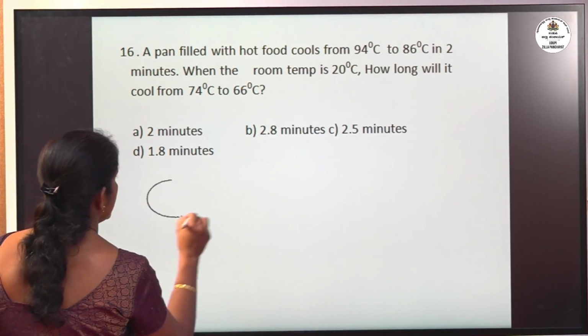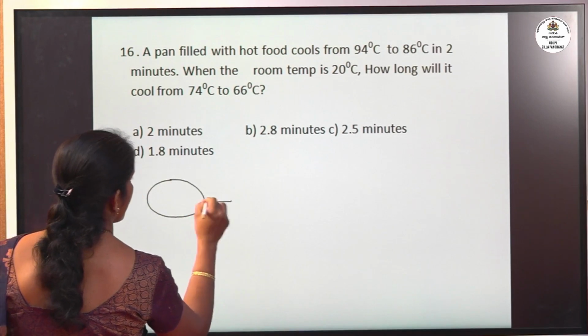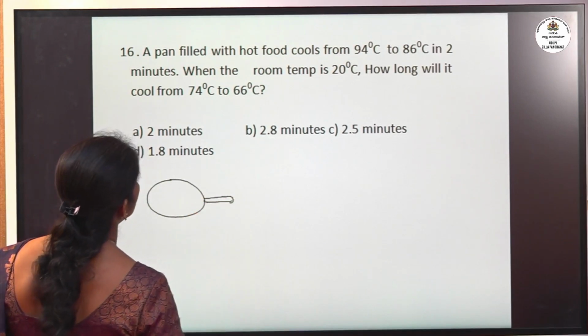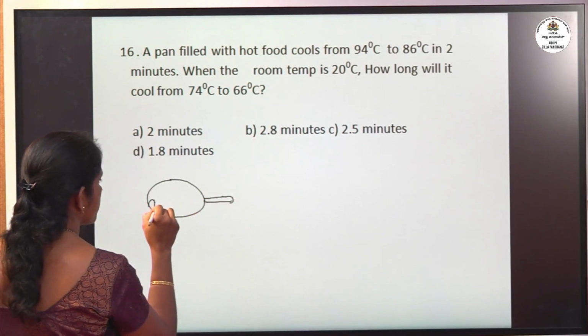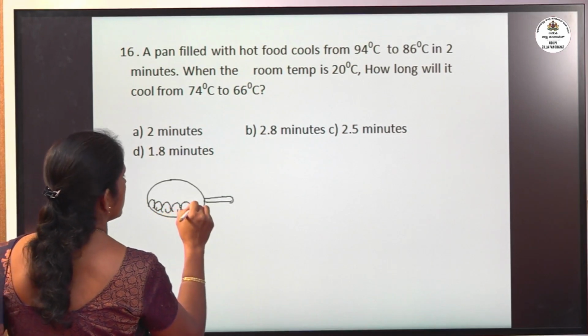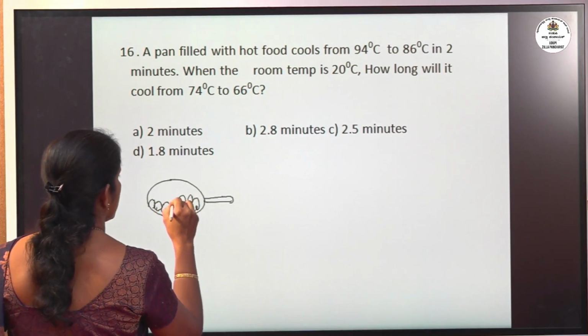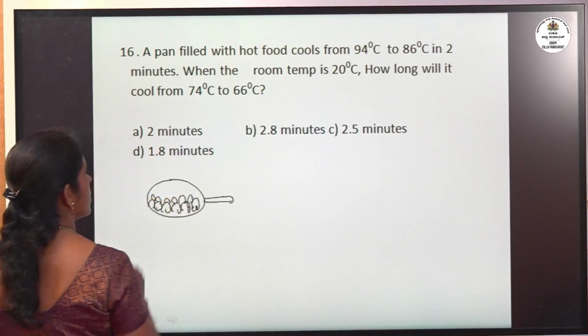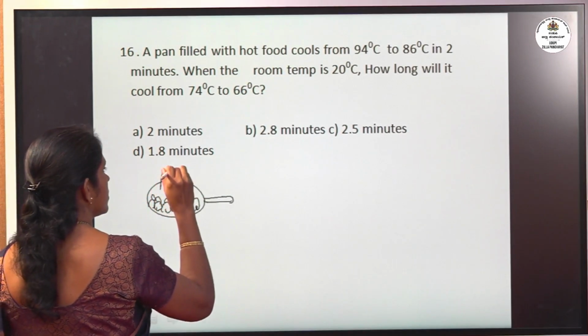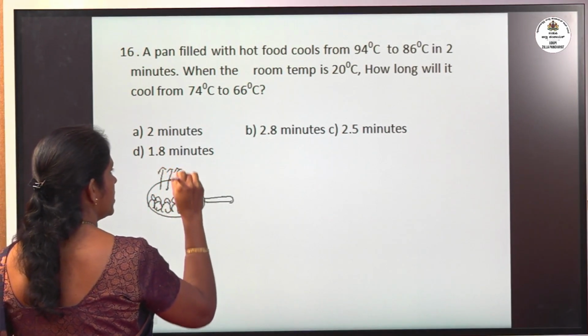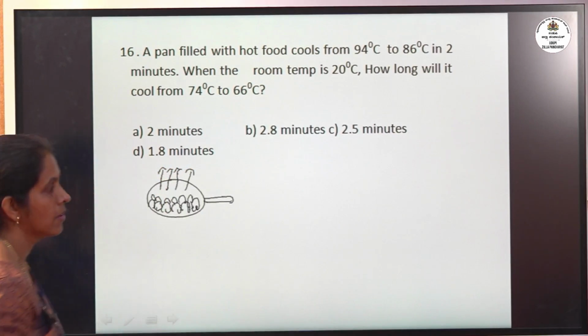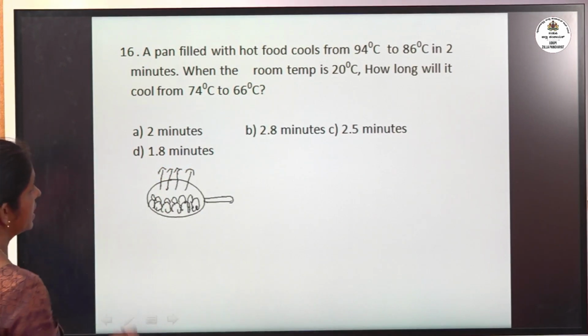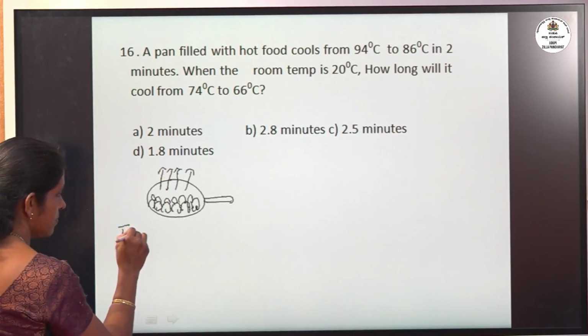So it is given a pan filled with hot food. It cools, and thermal radiations are emitted from this. Initial temperature is 94 degrees Celsius.